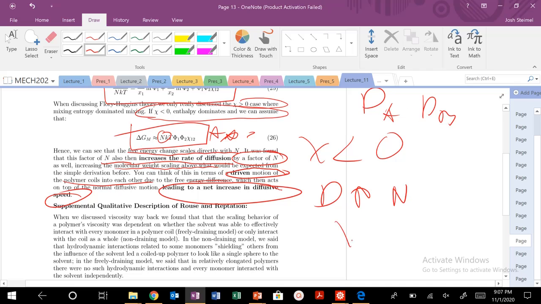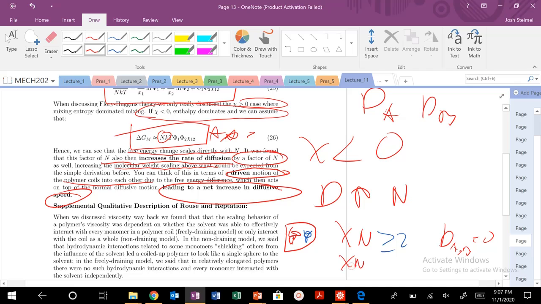So if your chi-n, assuming macrophase separation with homopolymers, a 50-50 mix, is greater than or equal to 2, then our interdiffusion of A and B into one another is going to be 0.